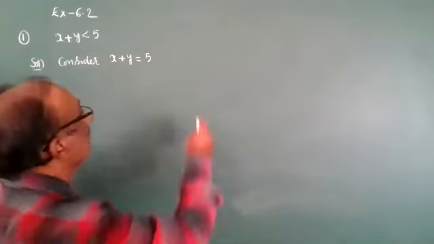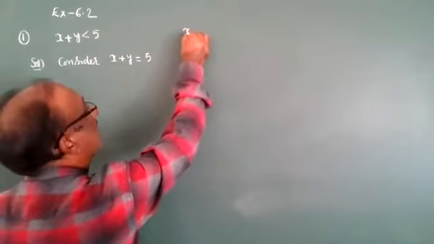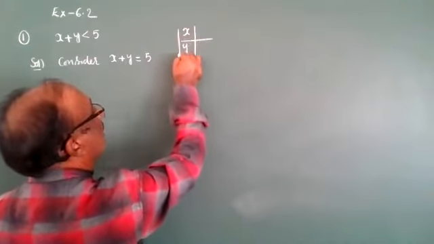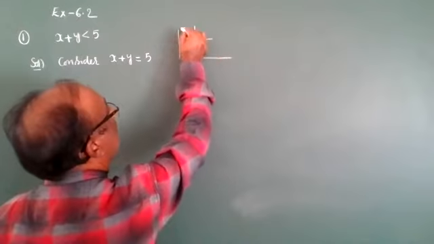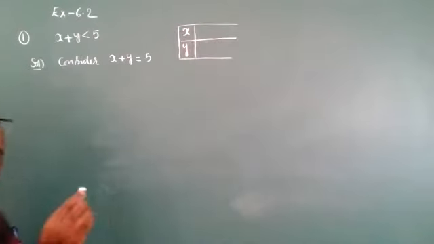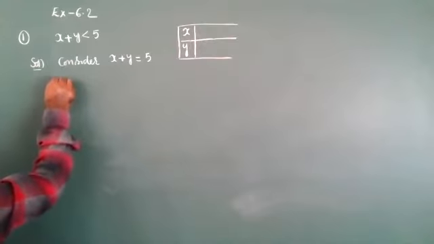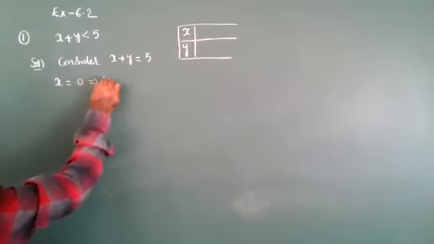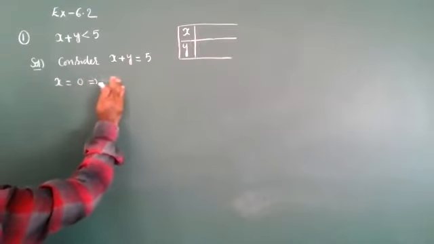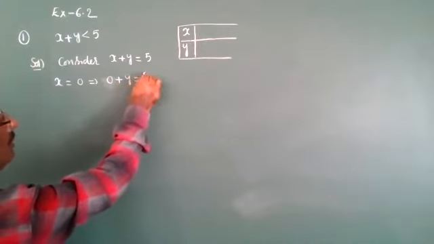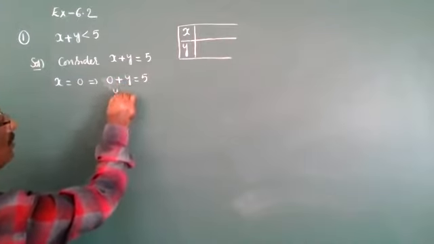Immediately draw the graph. The x and y table should be drawn, everyone. Take x is equal to 0. Then 0 plus y is equal to 5, therefore y is equal to 5.